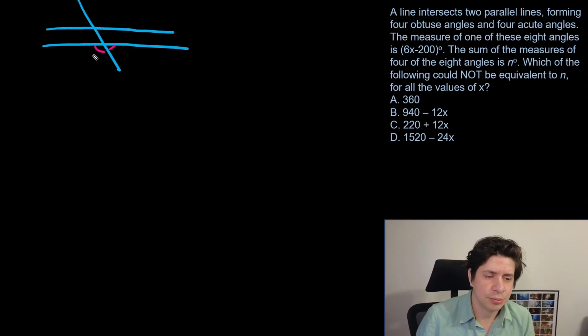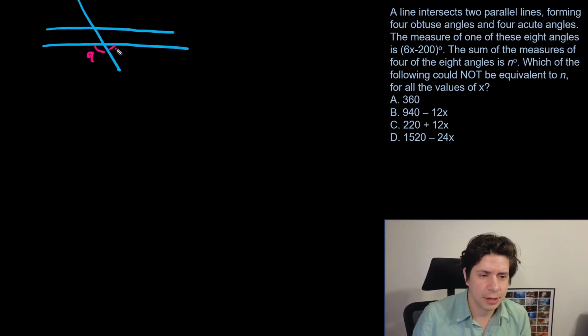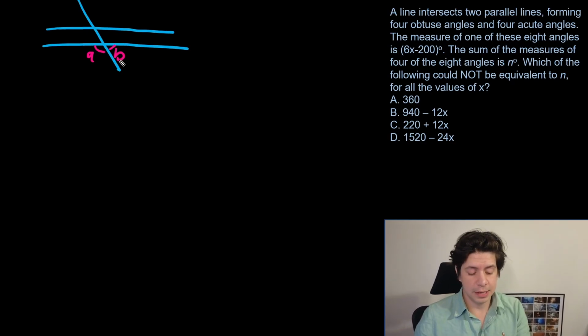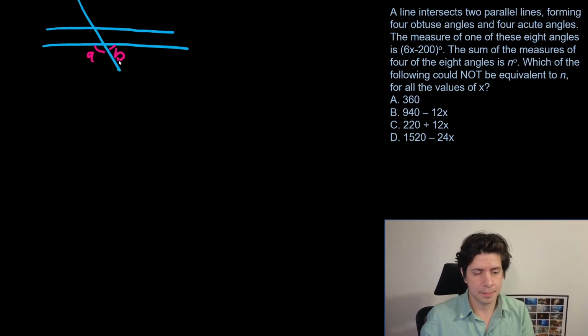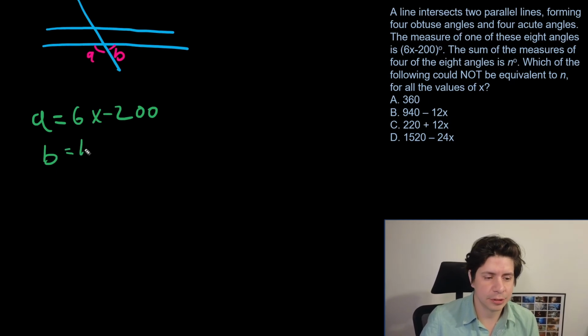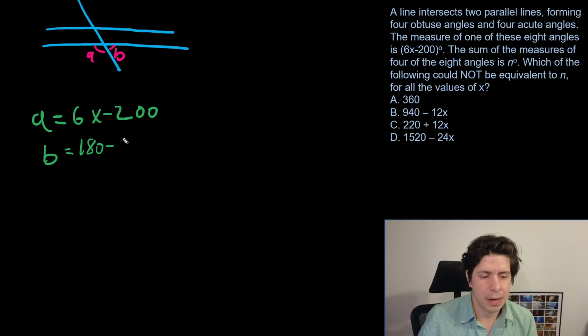So let's call this one angle A and this one angle B. Let's say A equals 6x minus 200. B equals 180 minus that, because they're always supplementary, so it's going to be 180 minus (6x minus 200).